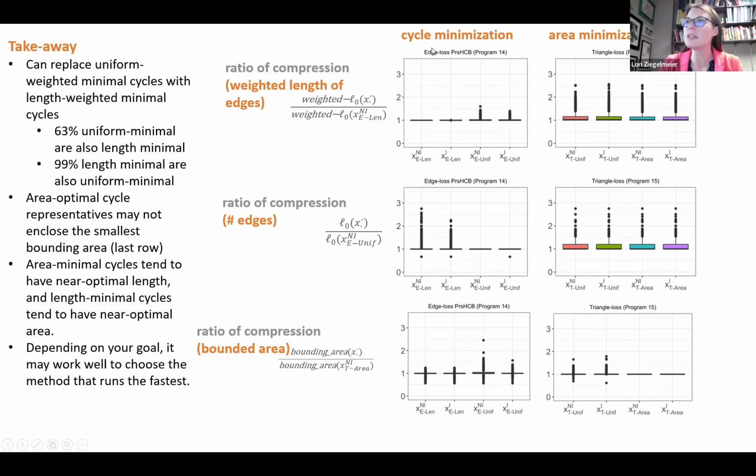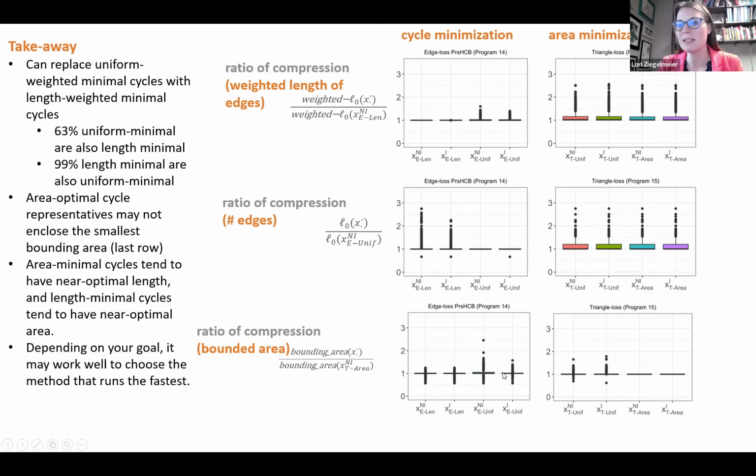Now, it turns out that if you take length minimal cycles, they're actually also uniform minimal most of the time. But area optimal cycles may not actually enclose the smallest bounding area.